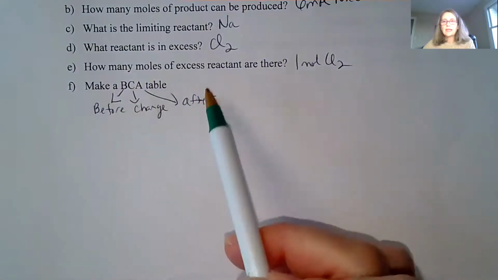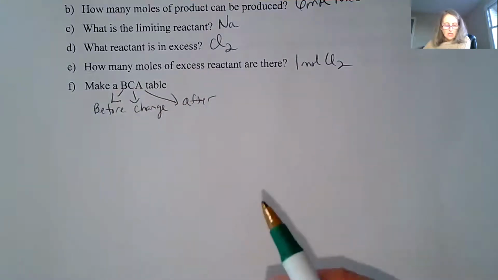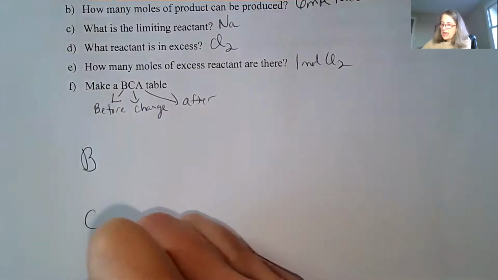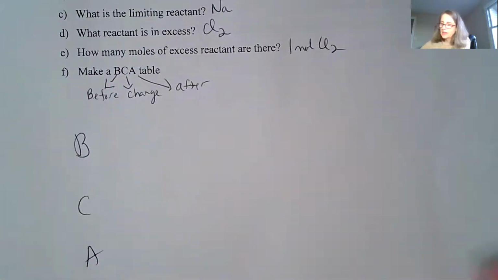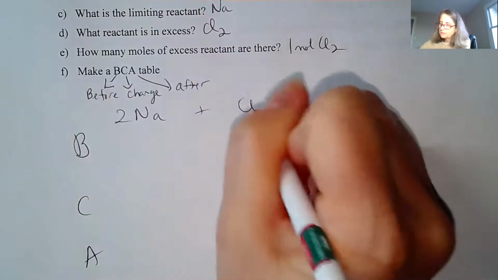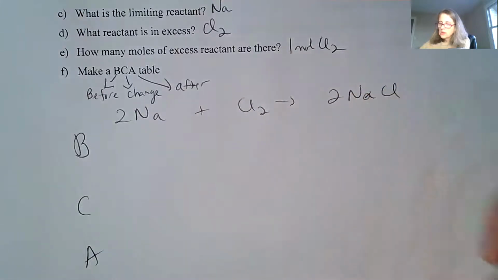So it's the beginning and the end, but what we're adding is what is changing in the middle of this process. So I'm going to write a BCA over here on the left, and I'm going to write the balanced chemical equation on top, so I know what things I am talking about.